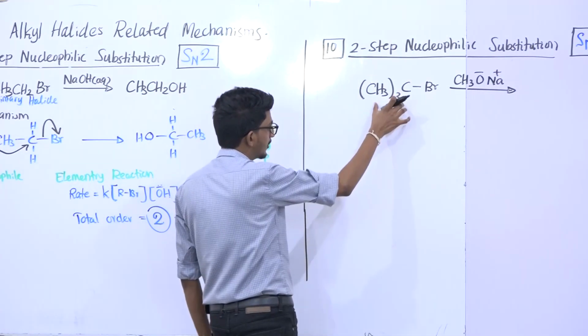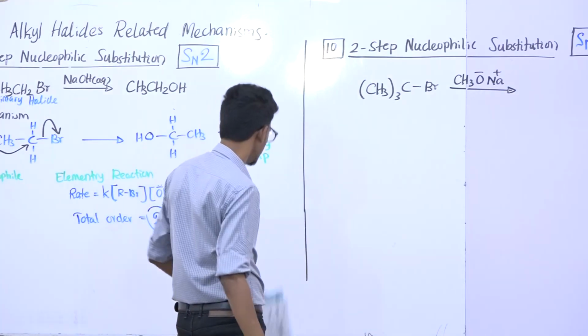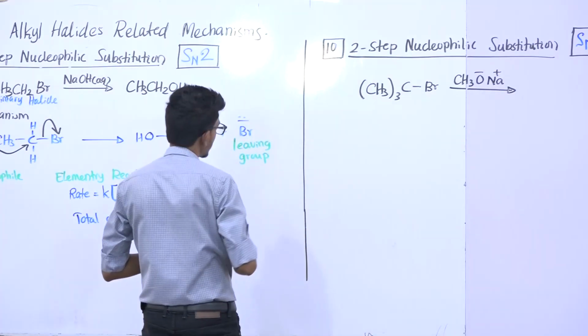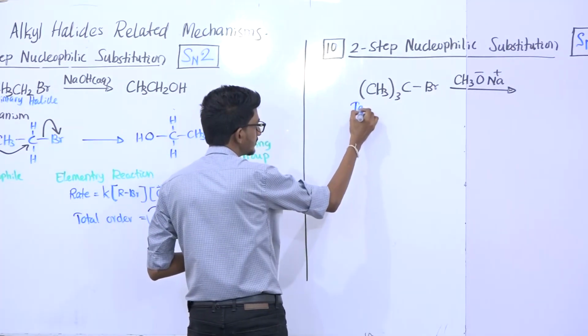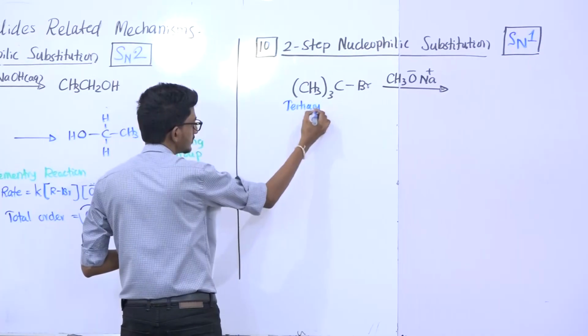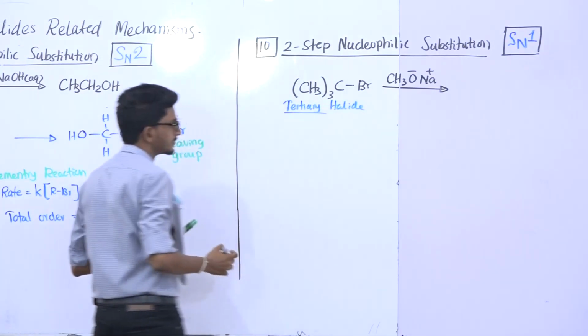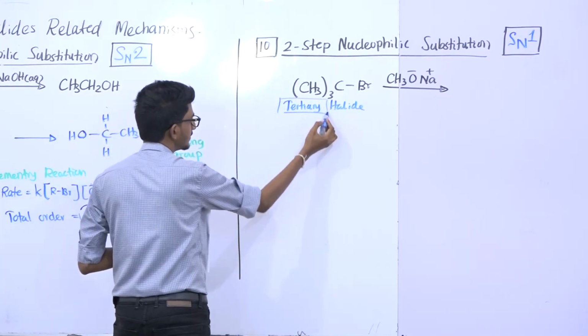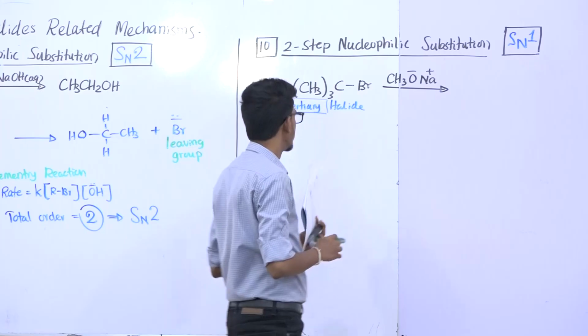You have to concern yourself only about whether your alkyl halide is a tertiary one or a primary one. If it's a tertiary one, it's a two-step mechanism. This is what matters. Tertiary halide here. Earlier it was a primary halide. Tertiary one means two-step mechanism.